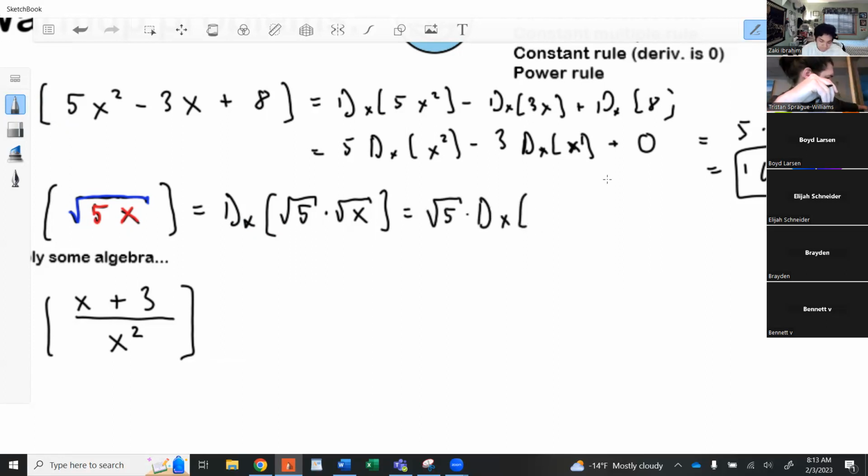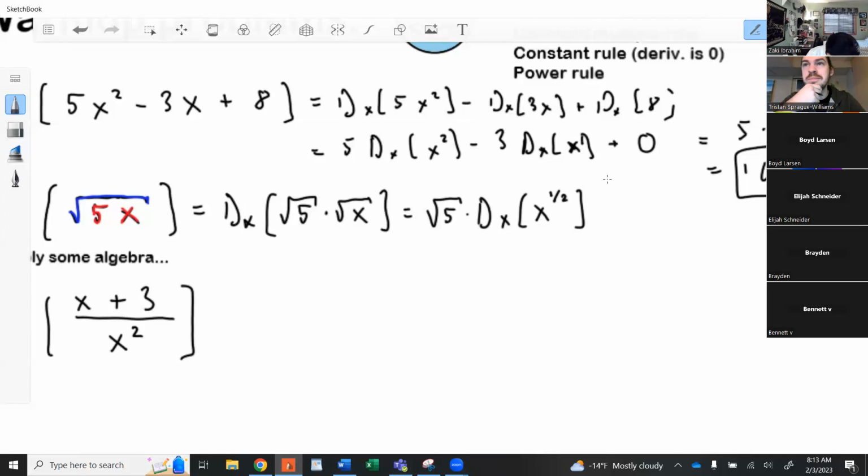Now, the square root of x doesn't look like something we've learned how to differentiate, but it is, because a square root is just a power function in disguise, right? So let's take off that mask and say, hey, power function, reveal yourself. Show me your power.